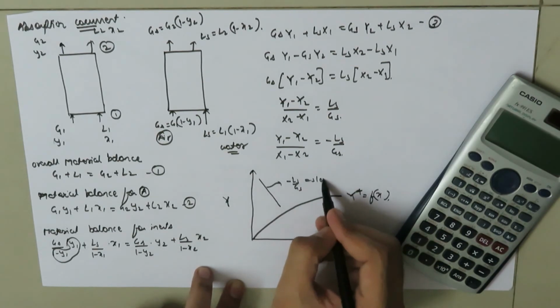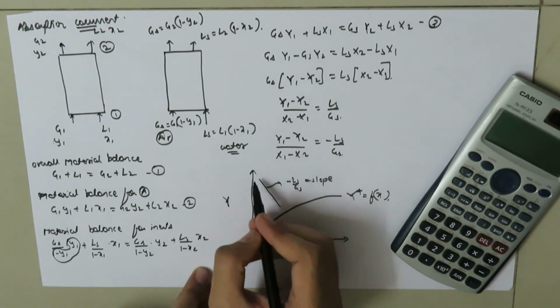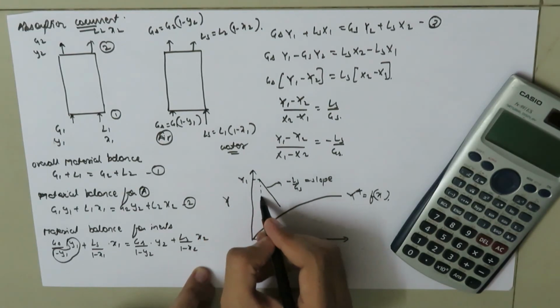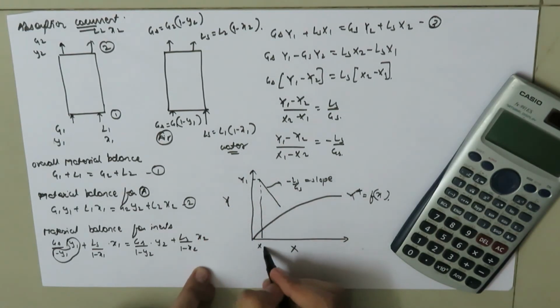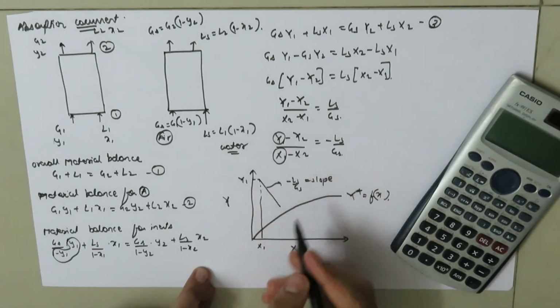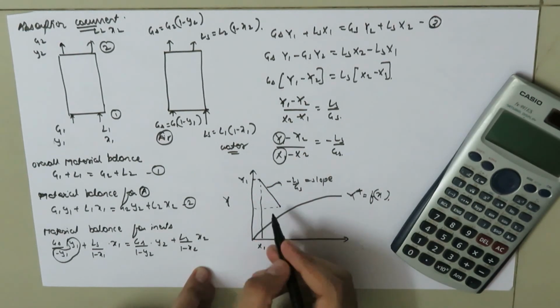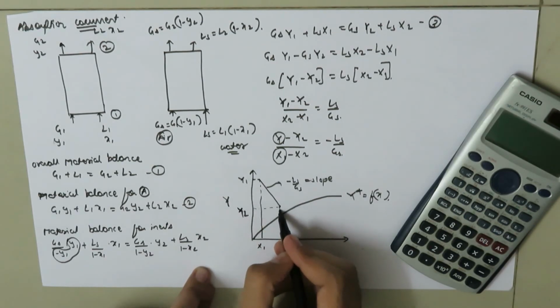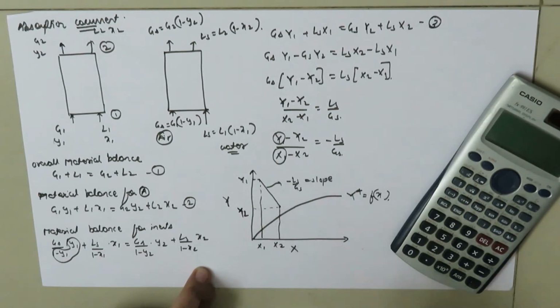The corresponding points are Y1 and X1, and capital Y2 with the corresponding point capital X2.